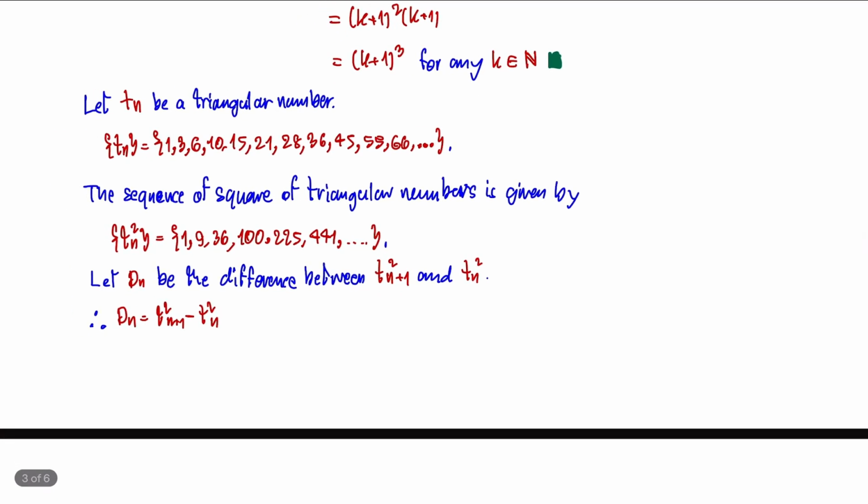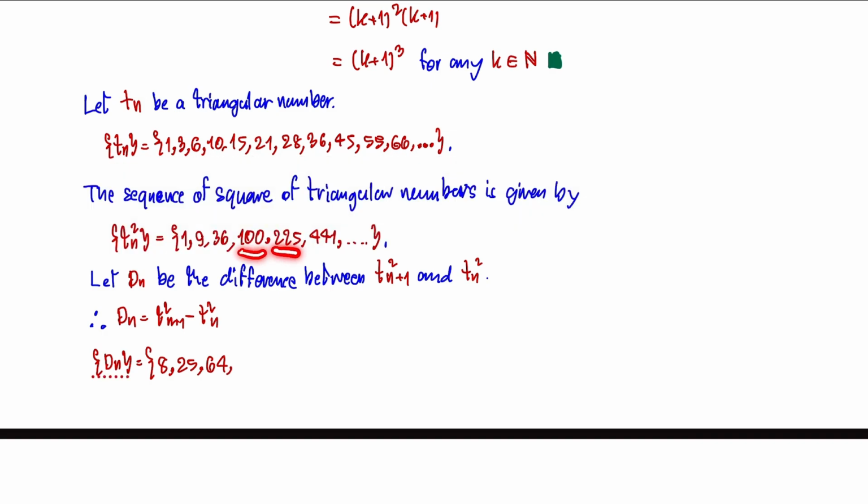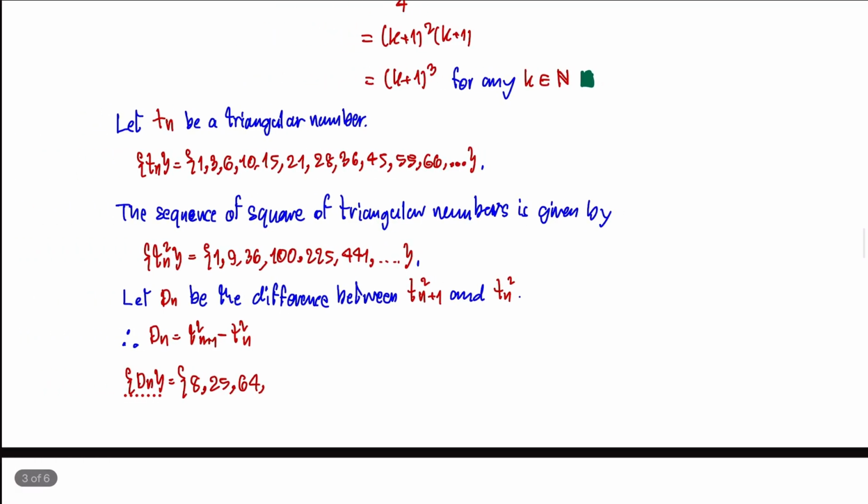So we're gonna have the sequence of d_n, which turns out to be 9 minus 1, which is 8, 36 minus 9, 27, 100 minus 36, 64, and 225 minus 100, which is 125, and what about this one? It turns out to be 216.